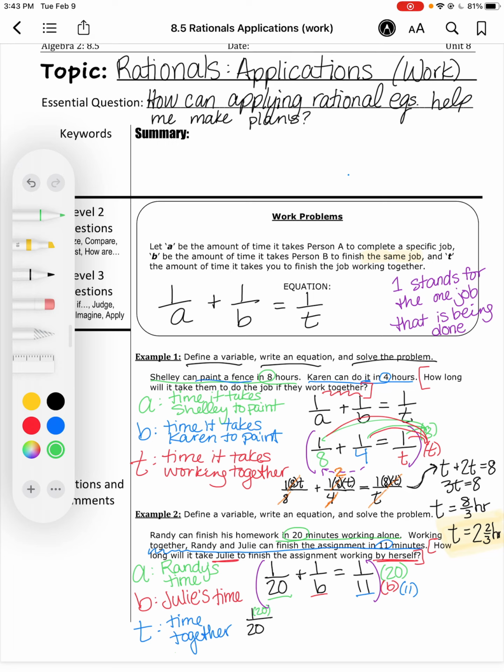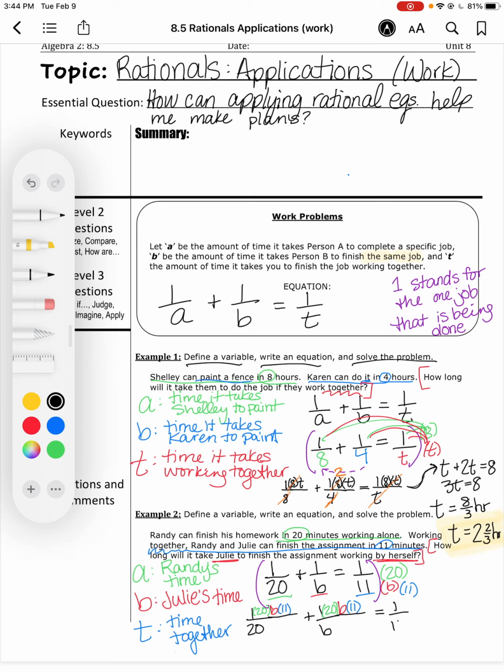So, 20 b 11 plus 1 over b times 20 b 11. Make sure my fractions always include everything.